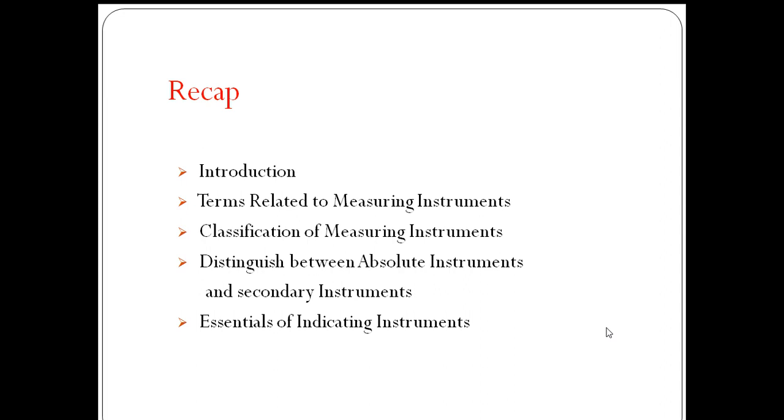The different torques essential for an indicating instrument are, first, the deflecting torque, which will move the pointer from its initial position. Then the controlling torque, which will oppose the pointer movement. When the deflecting torque is equal to the controlling torque, the pointer will stay at a steady state position.